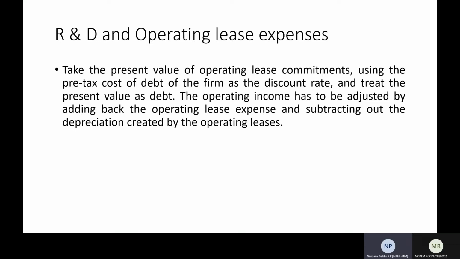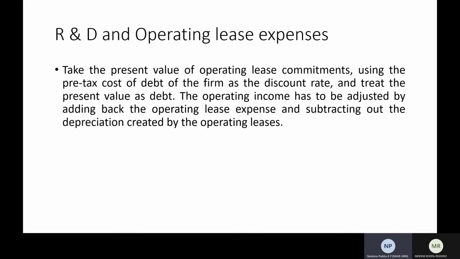Similarly, operating lease expense is considered as an operating expense, but we have to convert it into capital expenditure. So how do we do that is what we are going to discuss now.